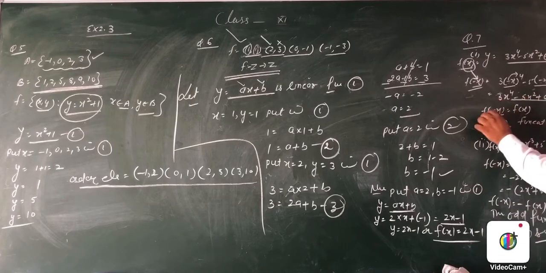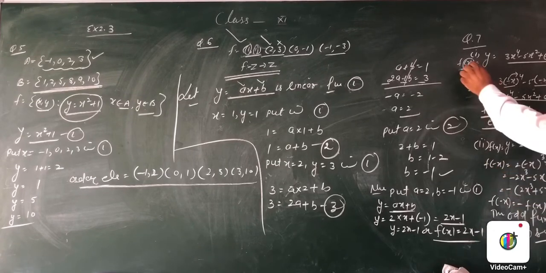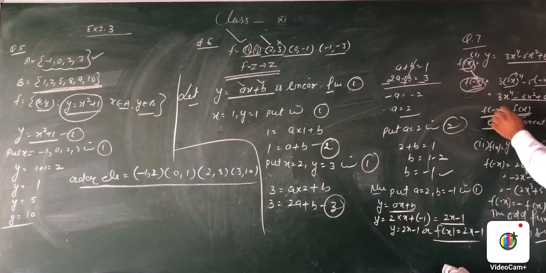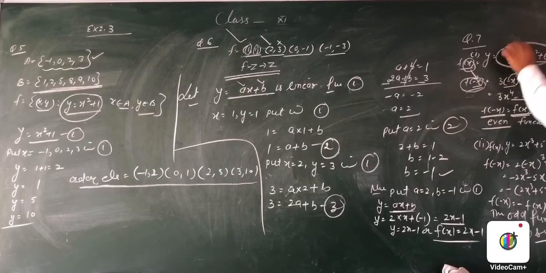Now f(-x) = f(x). So when we put the negative value, the function remains the same. Then this is called an even function.